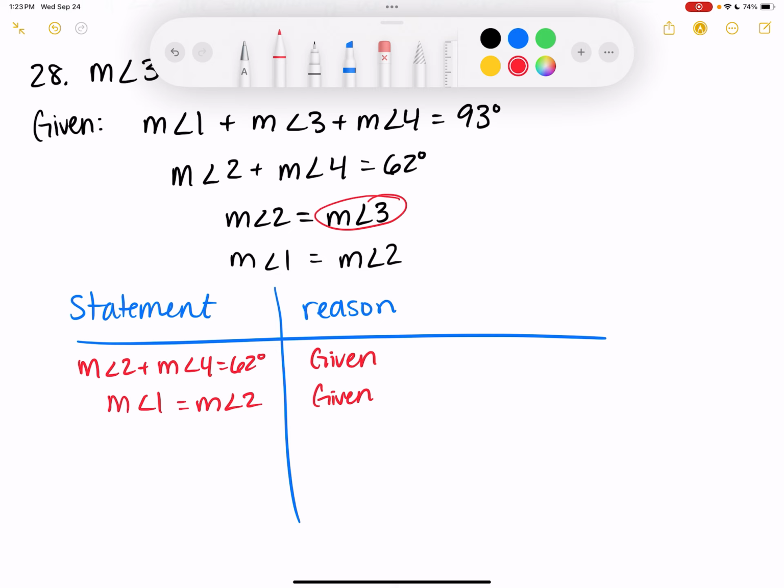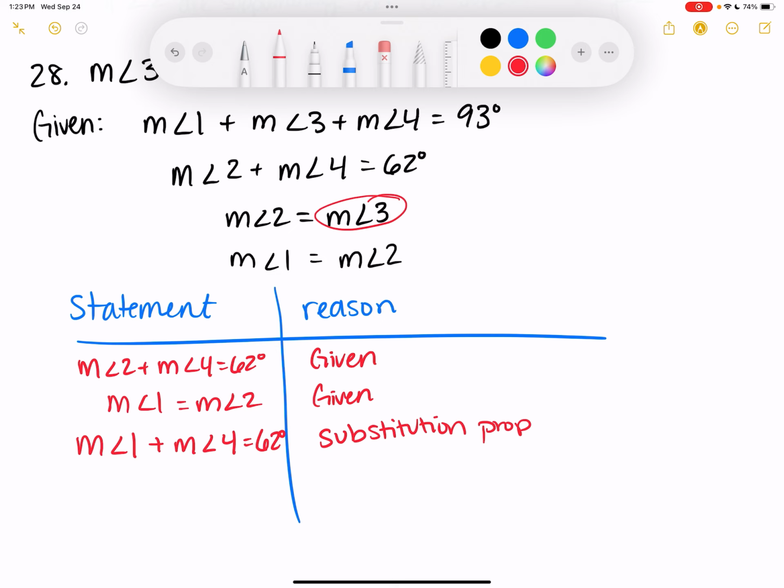I'm going to say that the measure of angle 1 plus the measure of angle 4, I'm getting ahead of myself, is equal to 62 degrees. I'm ultimately getting to all of that, but I need to start here. Why am I allowed to say that? Substitution property. I'm trying to get rid of angle 2 because that's not in my original. That's what I was trying to say earlier.